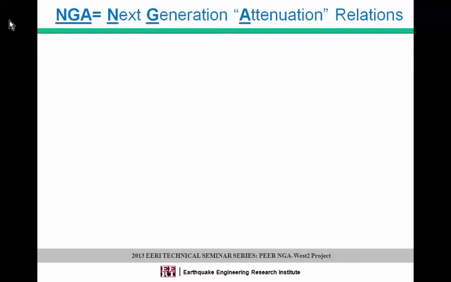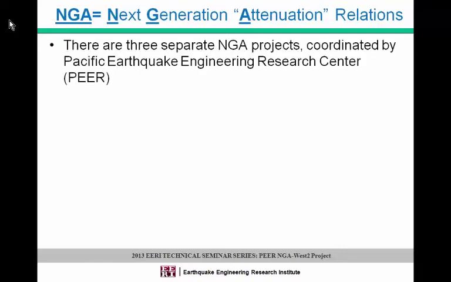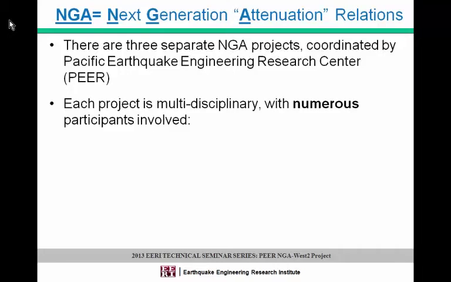We are using NGA. It's next generation attenuation, really GMPE. There are 3 separate NGA projects at the Pacific Earthquake Engineering Research Center here. All of these really are multidisciplinary programs with numerous people involved.